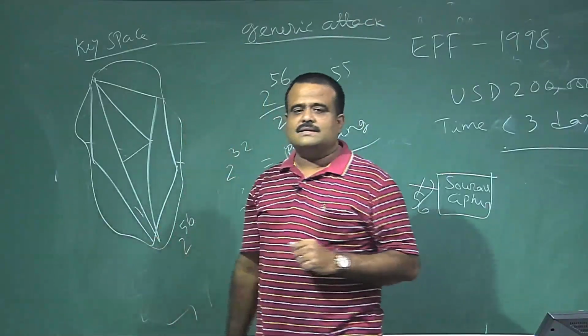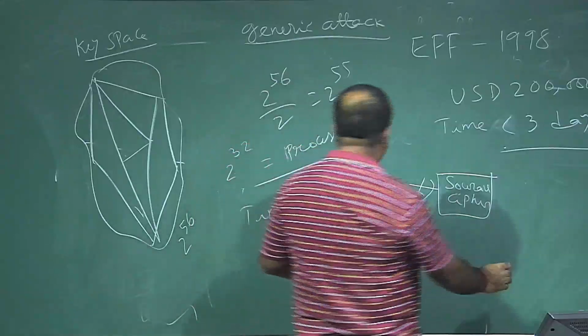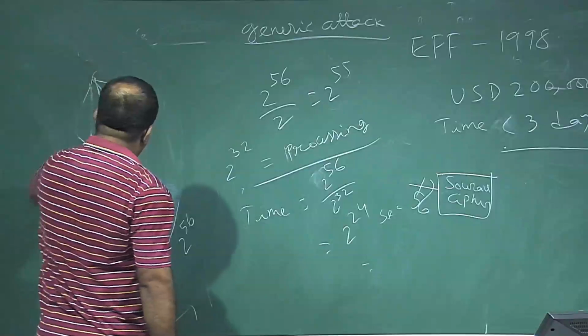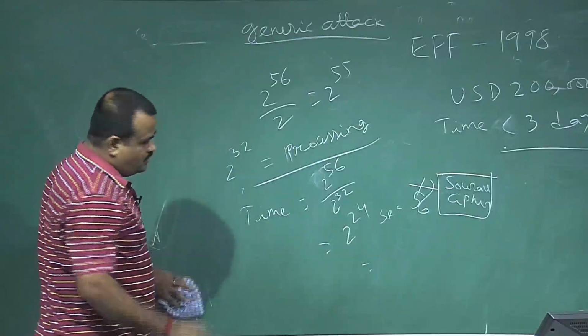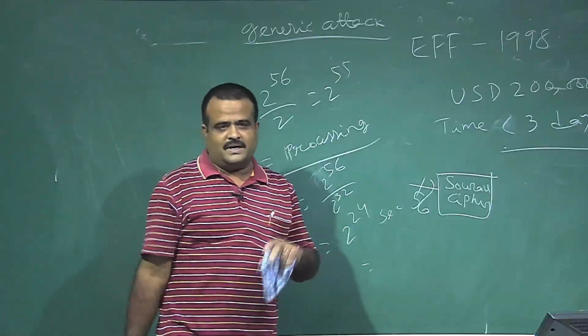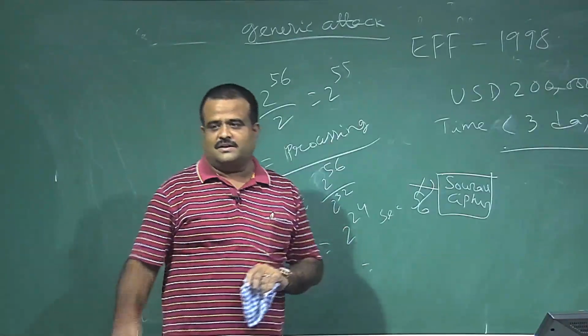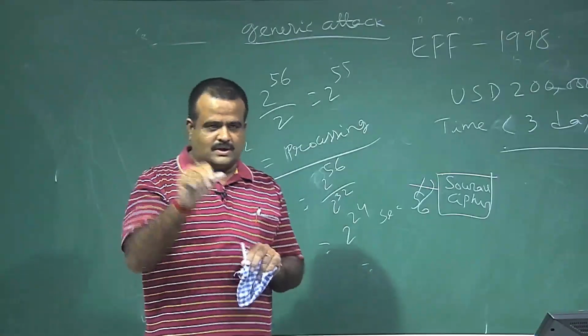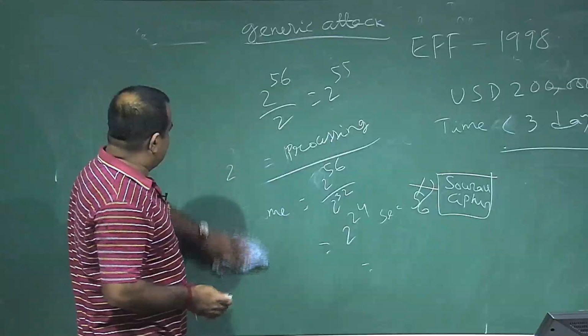And there are some non-generic attacks on DES. In those attacks we want to see whether there is any relationship between the plaintext and the ciphertext, as in linear attacks, or whether there is any differential between the plaintext and the ciphertext, or after some rounds. Those are differential attacks.